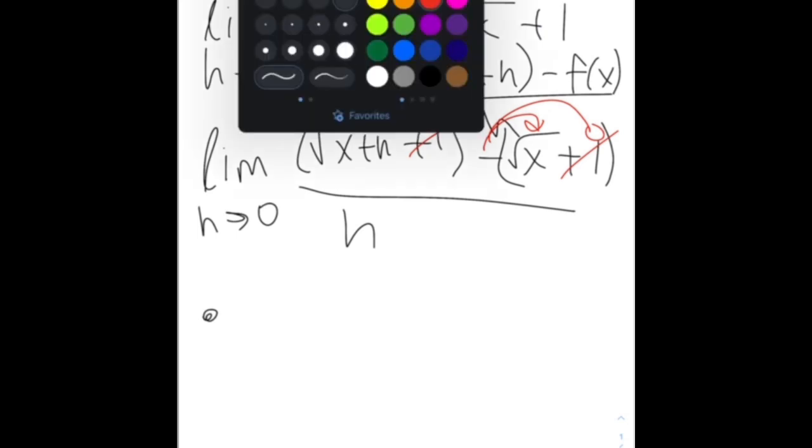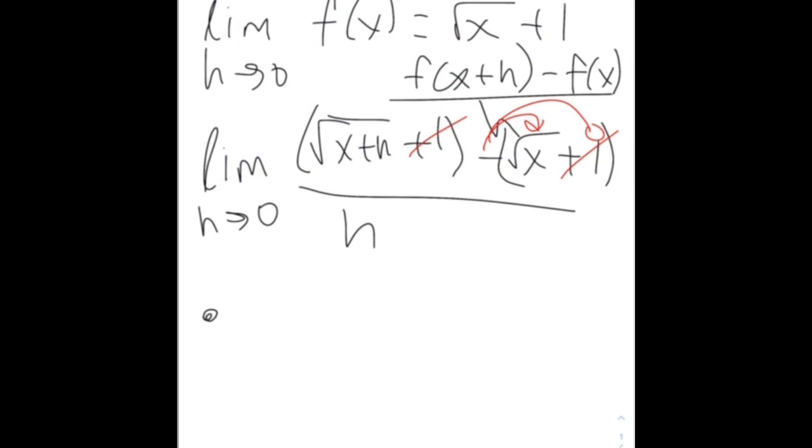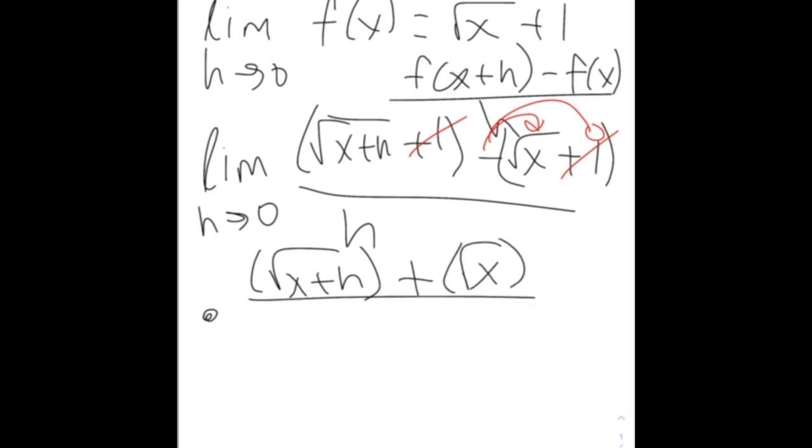So our conjugate is going to be root x plus h plus square root x, over the same thing. We're going to multiply our denominator by our numerator's conjugate, so same thing on the bottom: square root of x plus h plus square root of x.